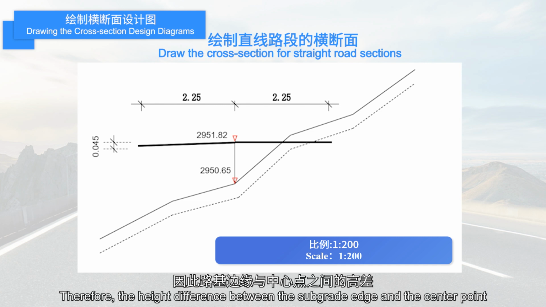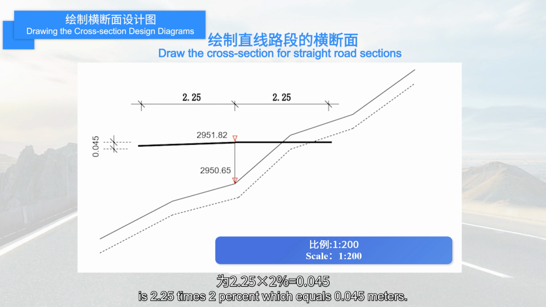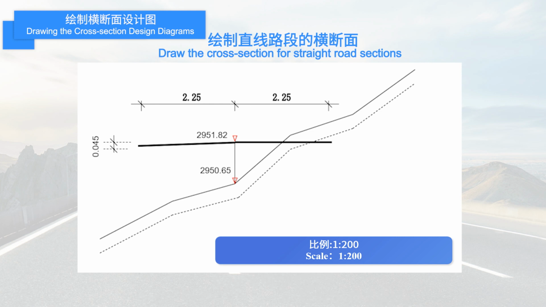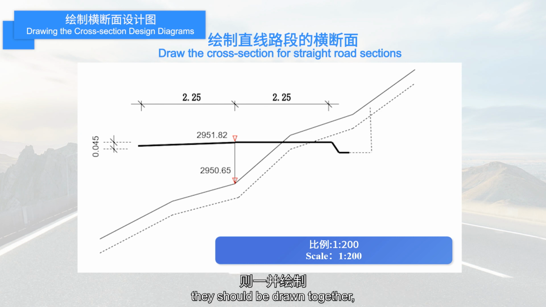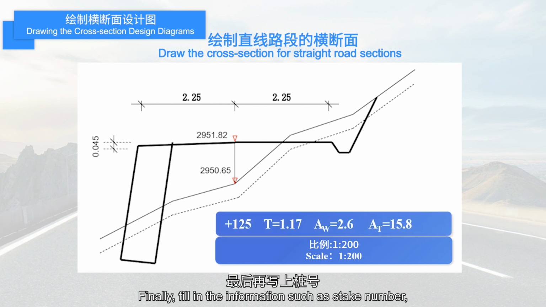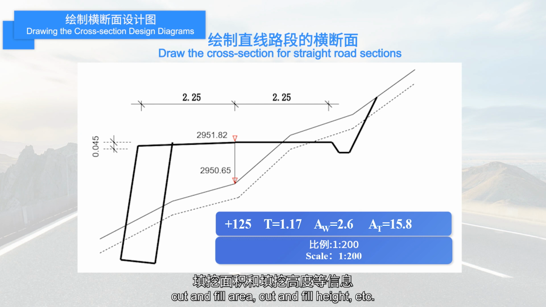Therefore, the height difference between the subgrade edge and the center point is 2.25 times 2%, which equals 0.045 meters. If there are protection engineering and drainage facilities, they should be drawn together, ultimately intersecting with the ground line. Finally, fill in the information such as stake number, cut and fill area, cut and fill height, etc.